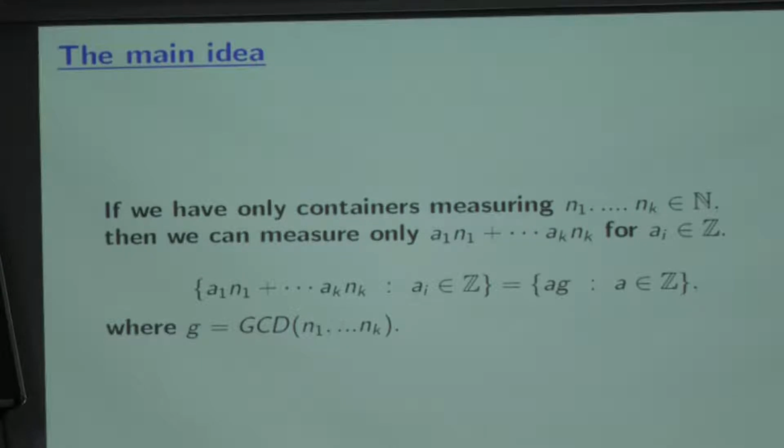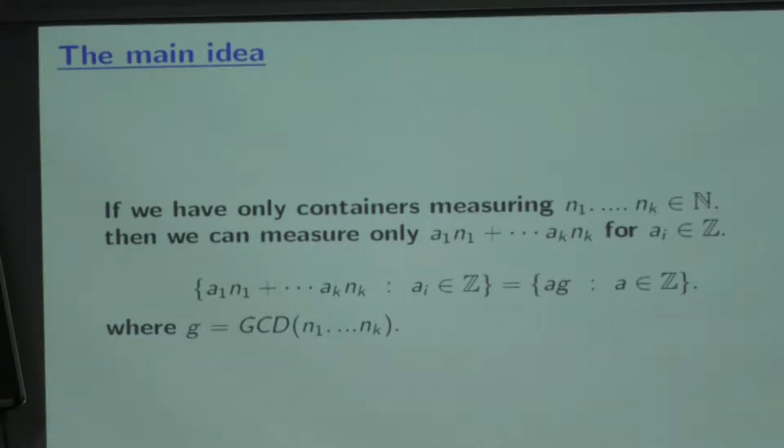Both the numbers are divisible by 2, so whatever you do by combining, you can actually do it using 2. Anyway, okay. So this set, though it looks pretty complicated, actually is nothing but all multiples of the GCD.